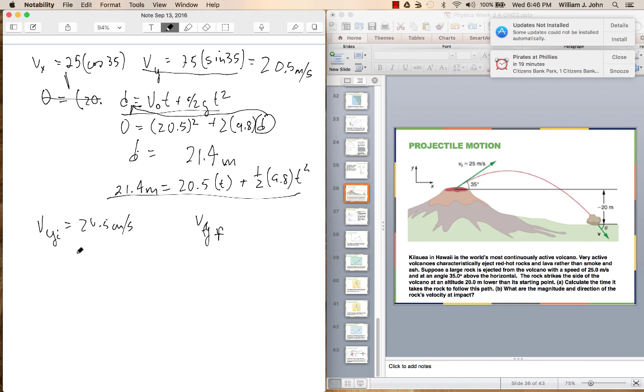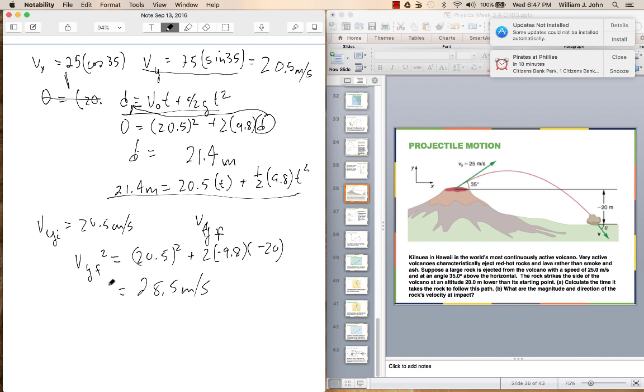So we would have Vy final squared is equal to 20.5 squared plus 2 times minus 9.8 times minus 20. And if you do this math, you get a downward vector of approximately 28.5 meters per second.